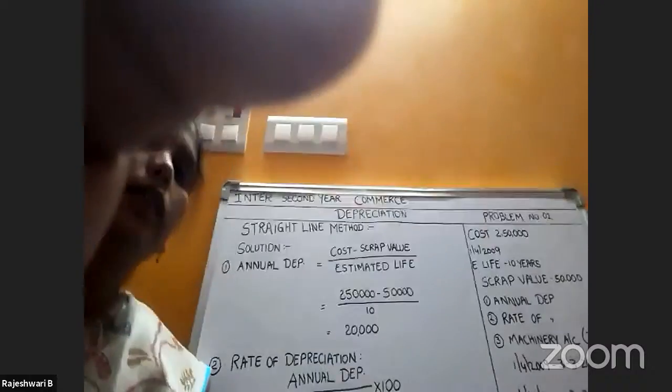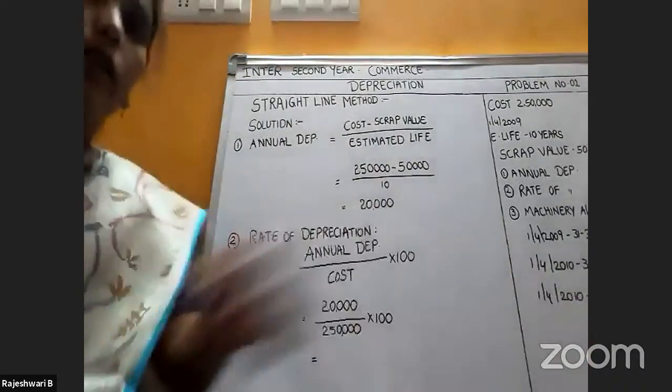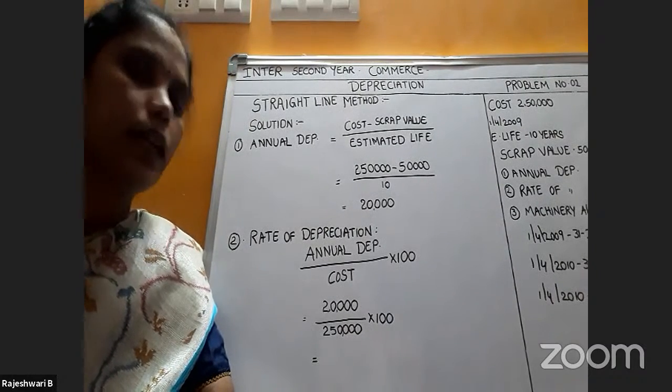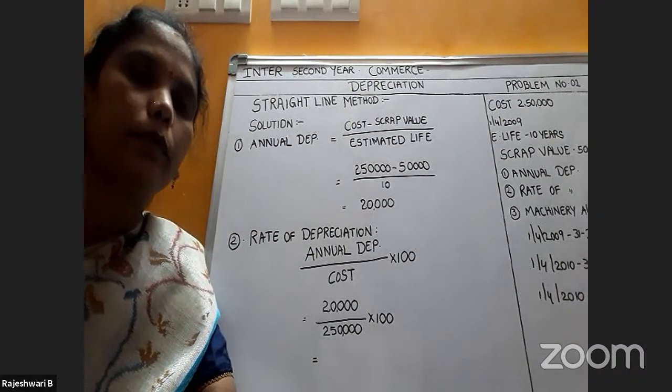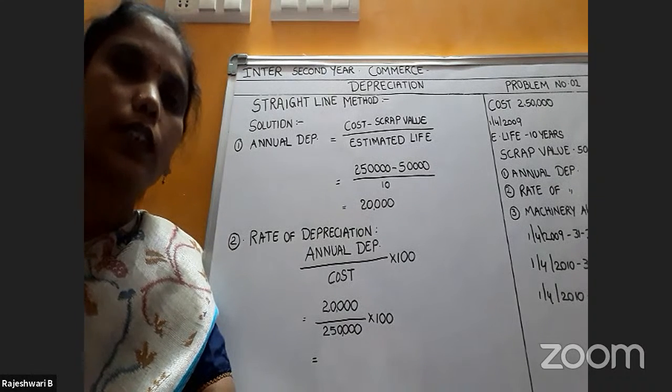The financial year starts from April 1st to March 31st.